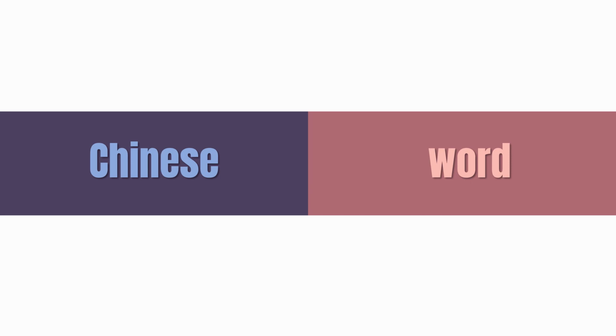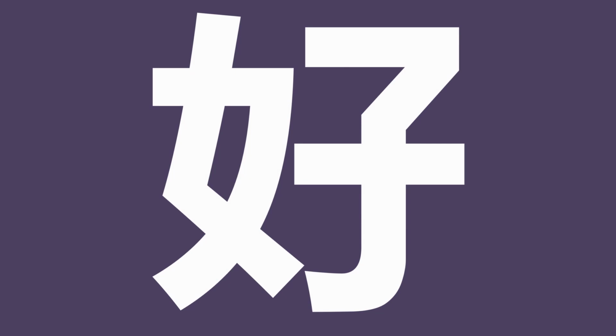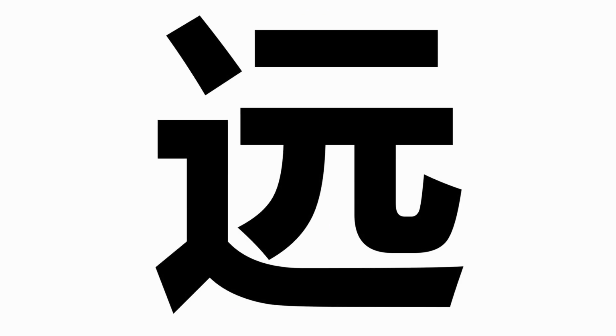In Chinese, the most often case is 2 characters build one word. But there are also single characters that work as a word as well. In our last lesson, we learned words such as 美, beautiful, 好, good, 贵, expensive, 远, far, 近, close.